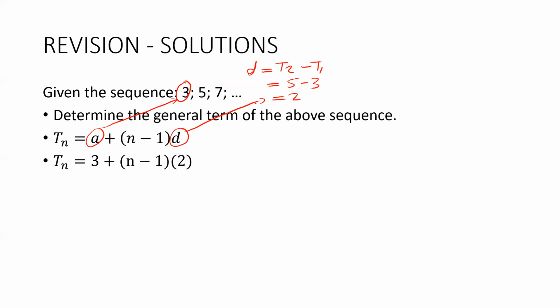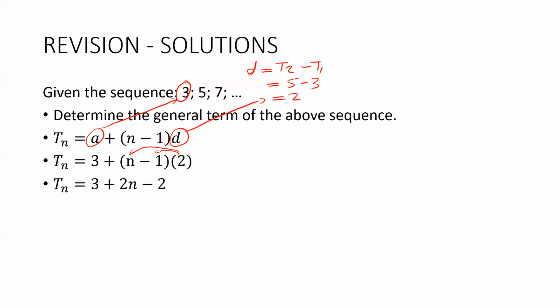What do you do next? Then we multiply the 2 inside the bracket, the 2 with this and the 2 with that. How much would you get? We're going to get 3 plus 2n minus 2.